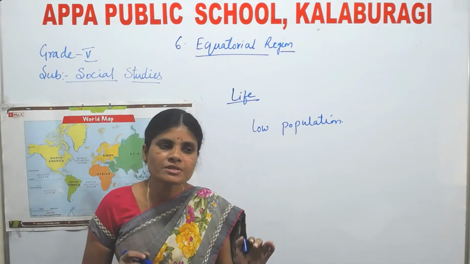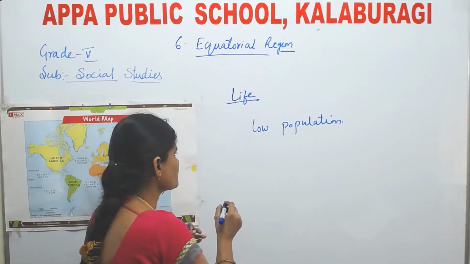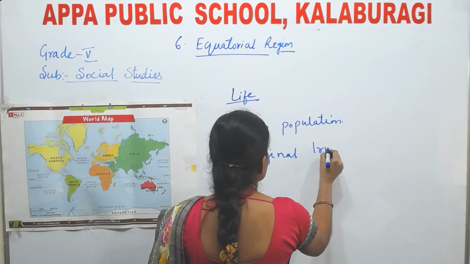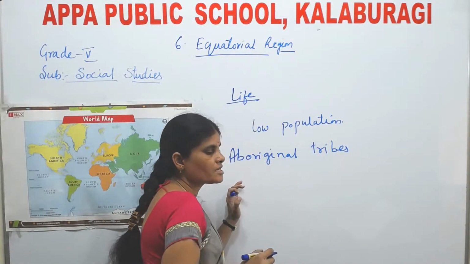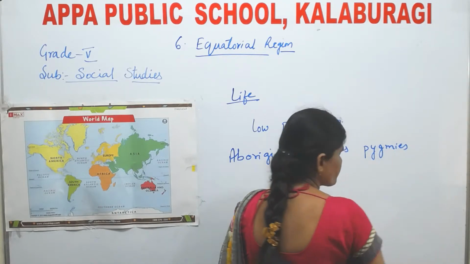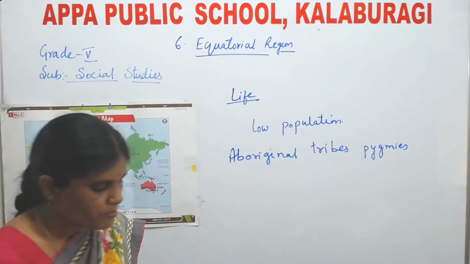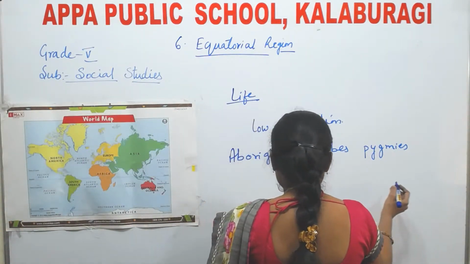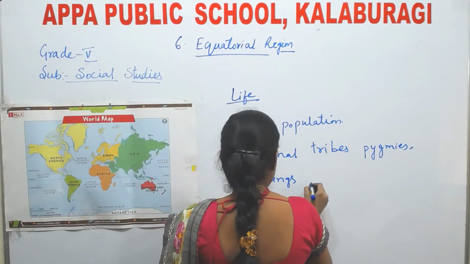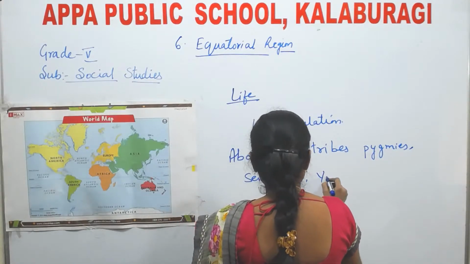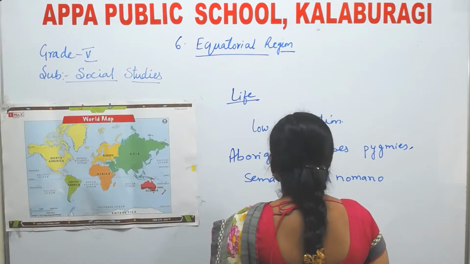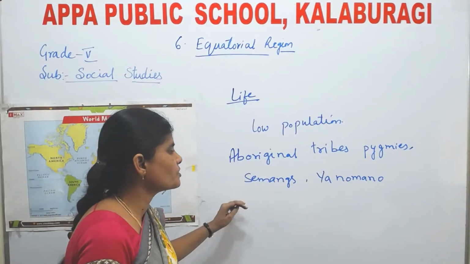What type of people live in this region? Aboriginal tribes like pygmies, Samans, and Yanomamo. These are the tribes that live in the equatorial region.